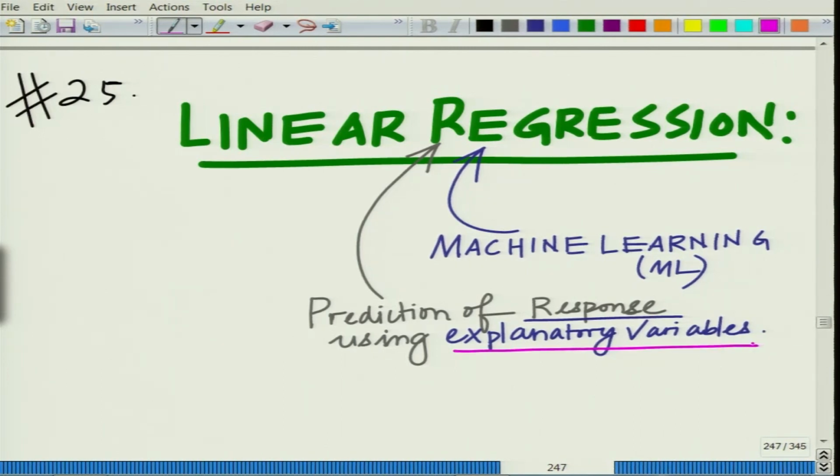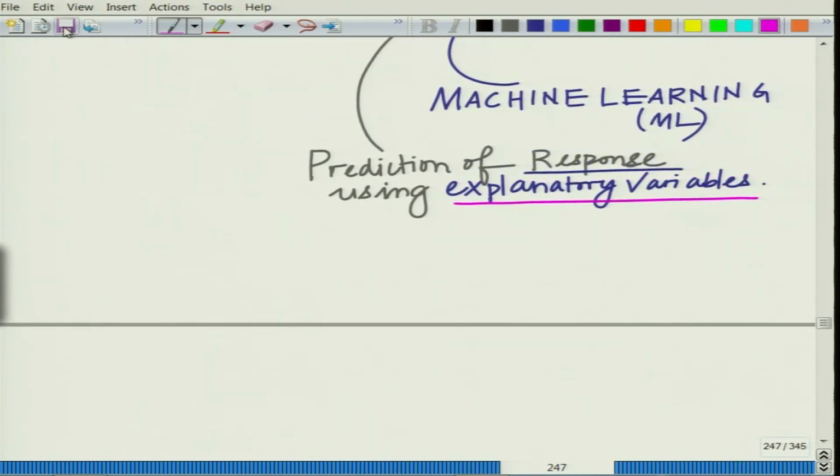Prediction of a response using explanatory variables. What is the meaning of this?